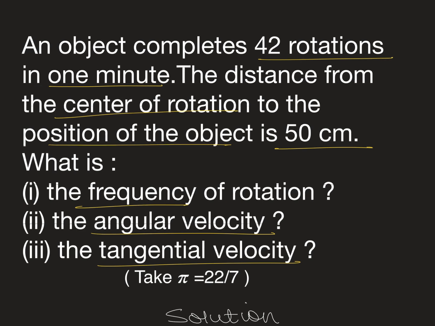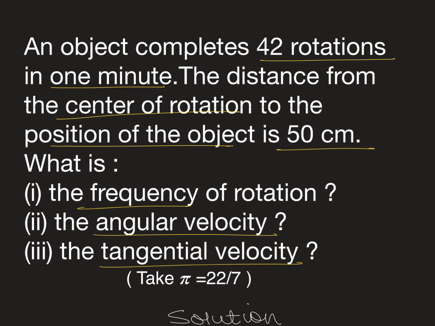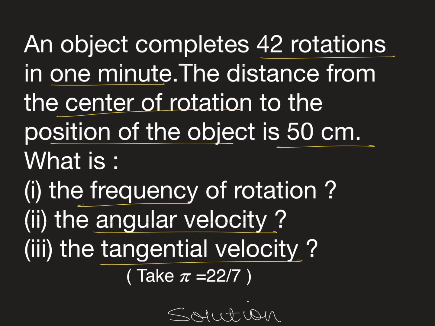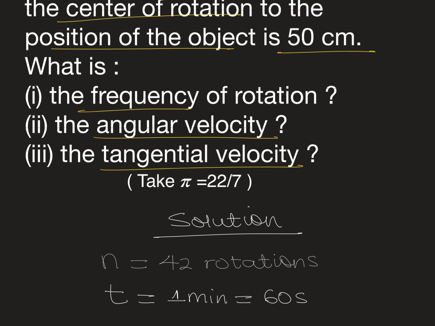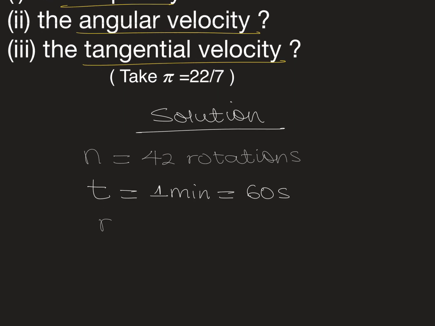It says the distance from the center of rotation to the position of the object is 50 centimeters. So that is the radius. It is 50 centimeters, which is the same as 0.5 meters, by dividing 50 by 100.